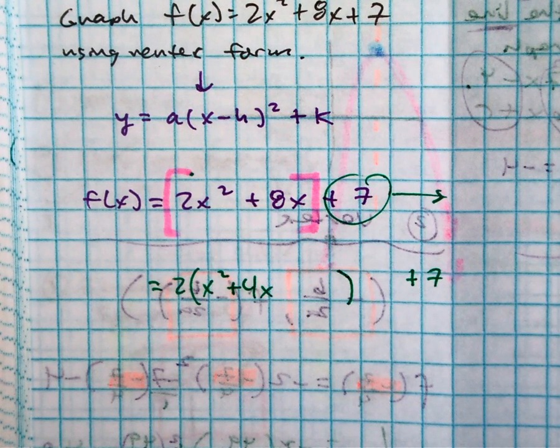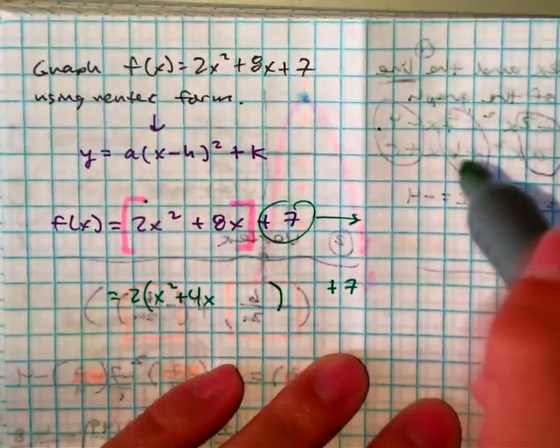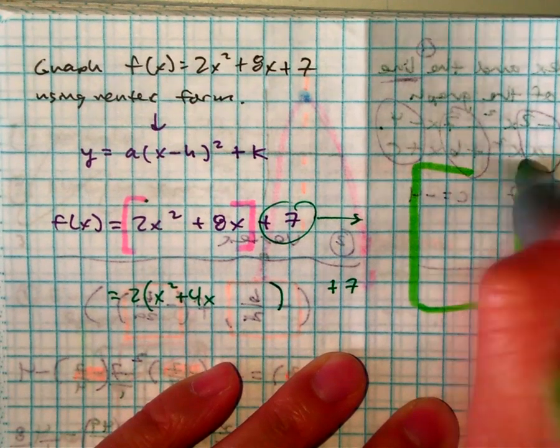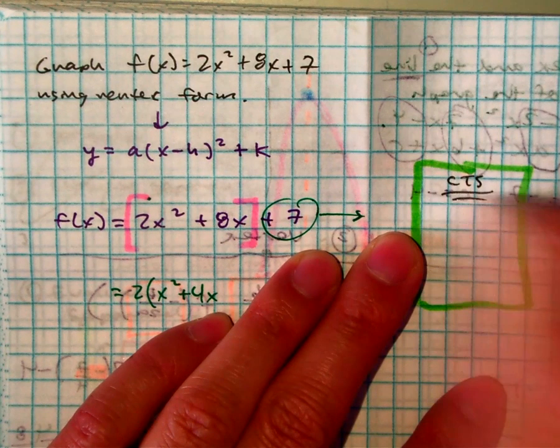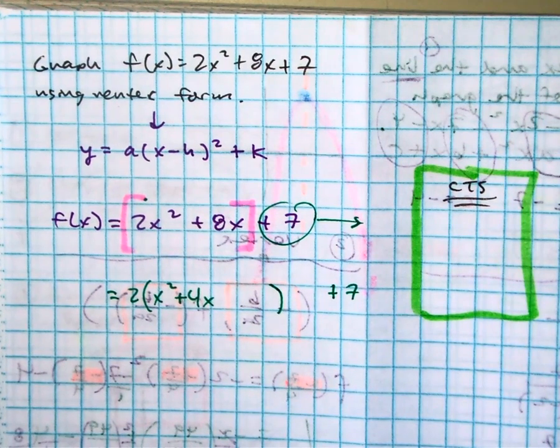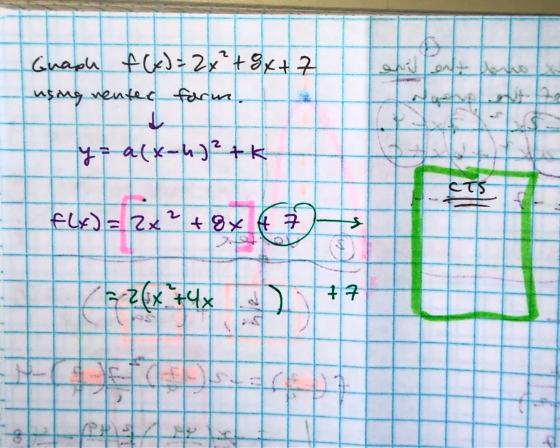What's the formula for completing the square? Class, is it negative b over 2a? It's not. That's actually a common mistake for students to think it's negative b over 2a. That helps us find the vertex of standard form.